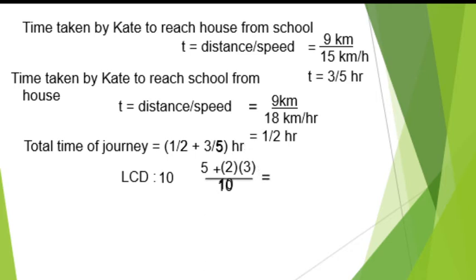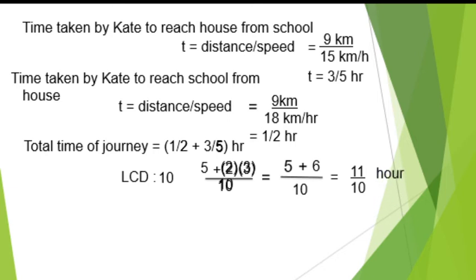So you copy 5, and then 2 times 3 is equal to 6, plus 5 is 11/10.